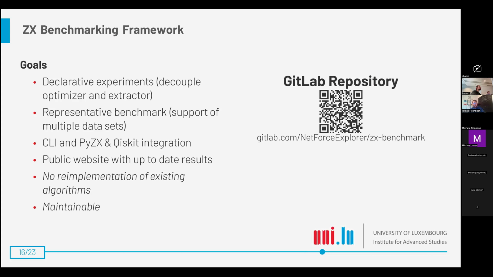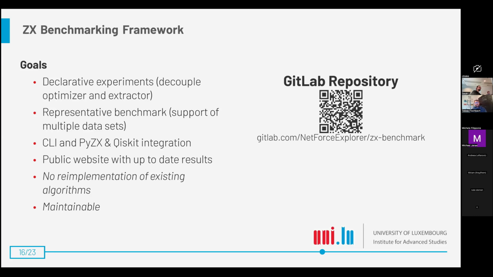The whole idea was, I want to have a benchmarking framework that is declarative in the sense that I write a configuration file, I set experimental parameters that are the same for every optimization I would perform, and I would like to decouple the optimizer from the extractor so that you can also test different combinations of extractors and optimization algorithms.